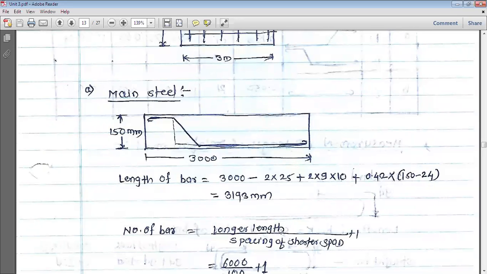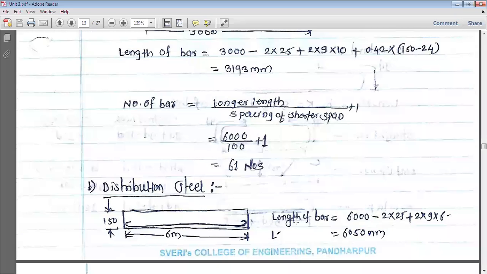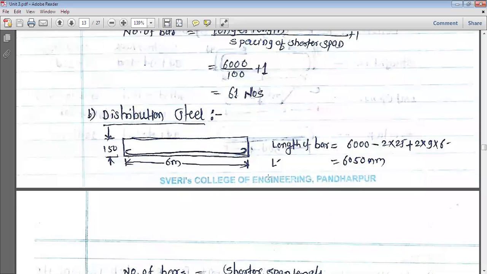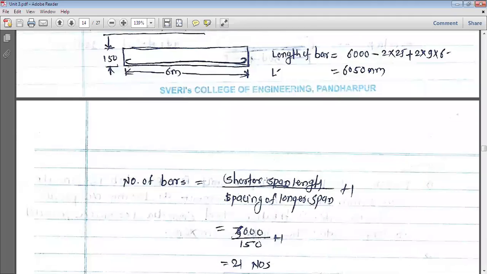That clear cover they have not subtracted, but we have to subtract it. So the number of bars equals the longer length minus clear cover divided by spacing plus 1. We have to subtract it in both formulas, for the distribution steel and also for the main steel.